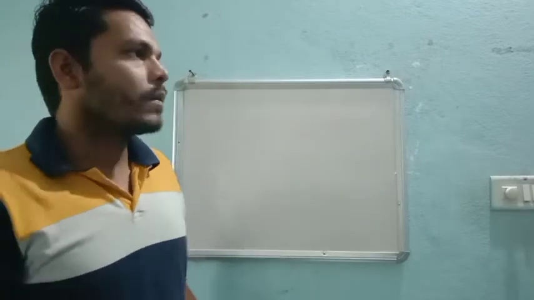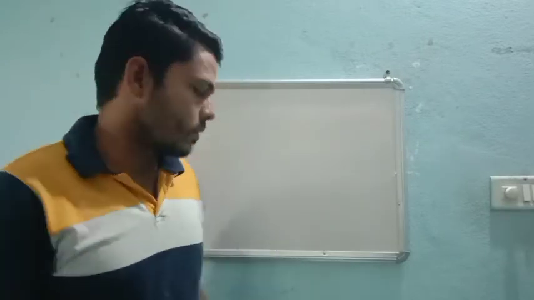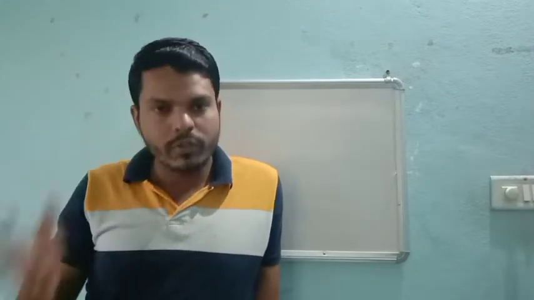So, dear students, coming to our discussion, in the last class we discussed the composition of nucleic acid. In that we completely saw what all nucleic acid has in it, right?